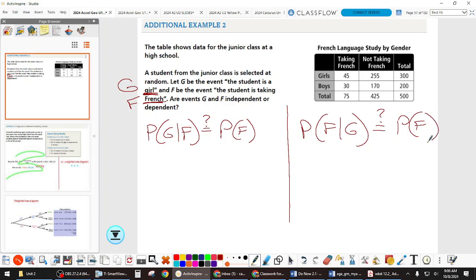Just curious, how many of you did this first one? This should say P of G, sorry. How many of you did it that way? 3. Okay, how many of you did it that way? 3.